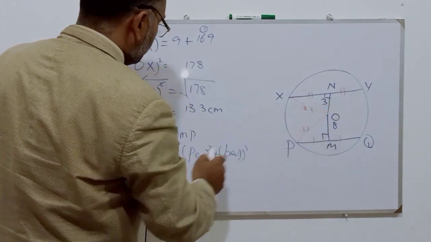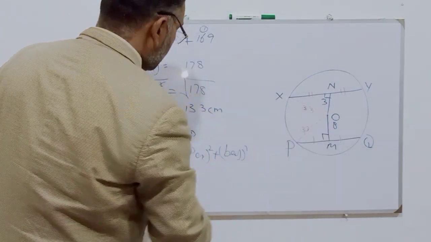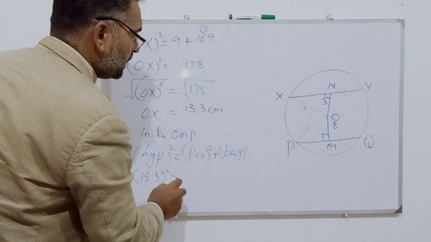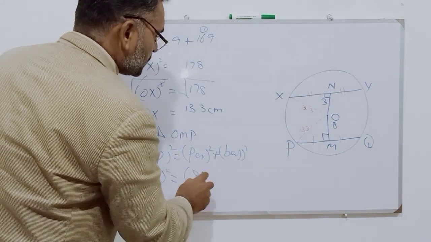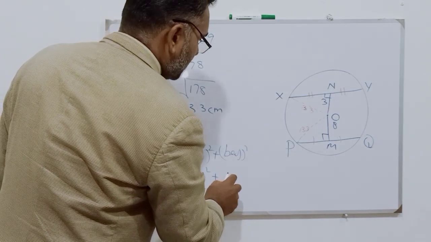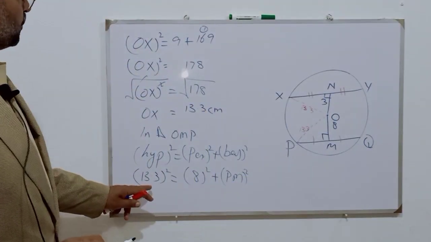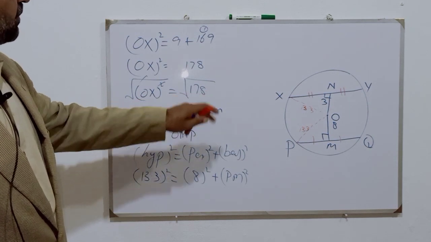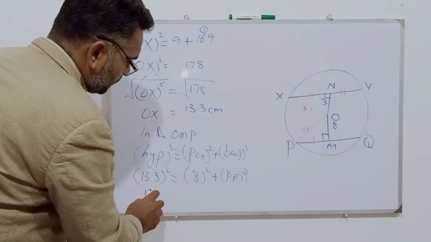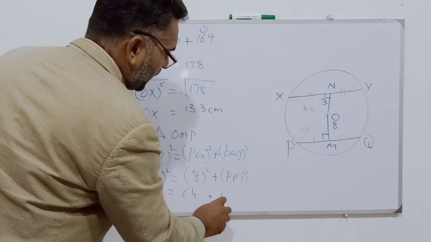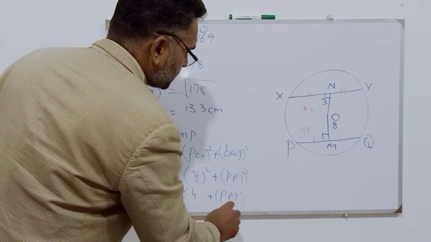Hypotenuse is OP square and the length of OP is 13.3 square. Perpendicular is 8 square and base is PM that we have to find. Square of 13.3 will be 178. So I will write 178 is equal to 64 plus PM square.